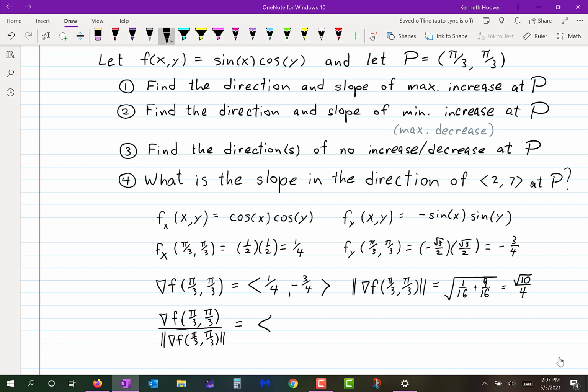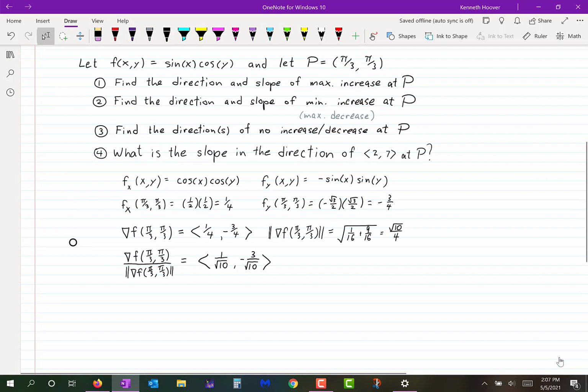We get the vector 1 over root 10, comma, negative 3 over root 10. Okay, now we can answer questions 1 and 2. In fact, both of them right now. We have the answers already written down.